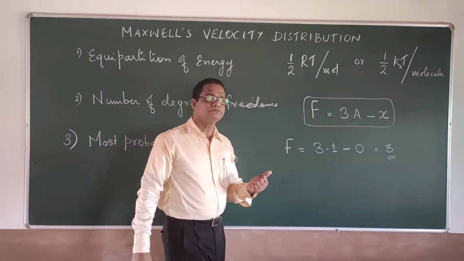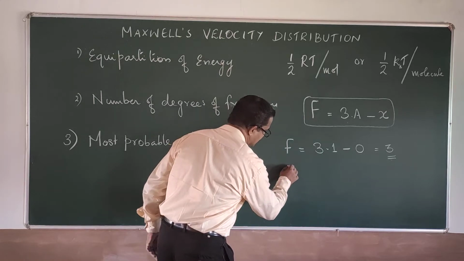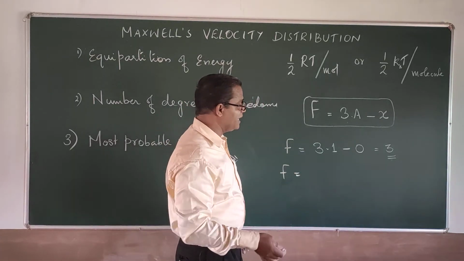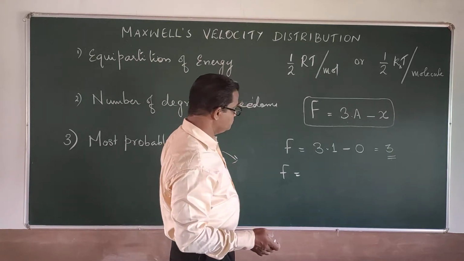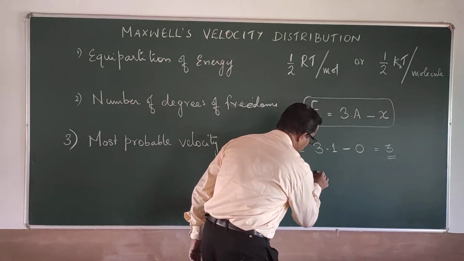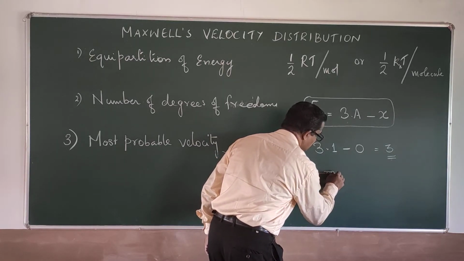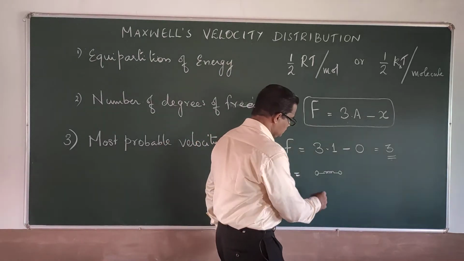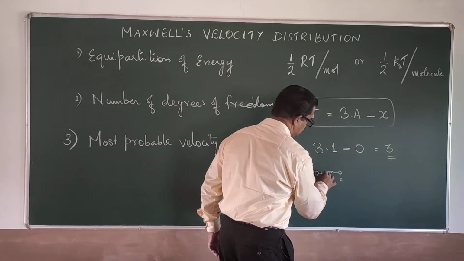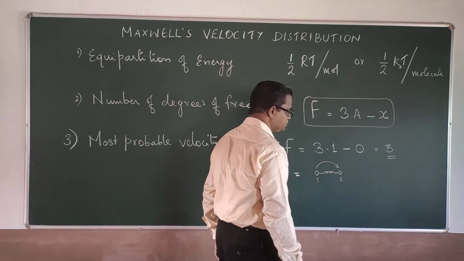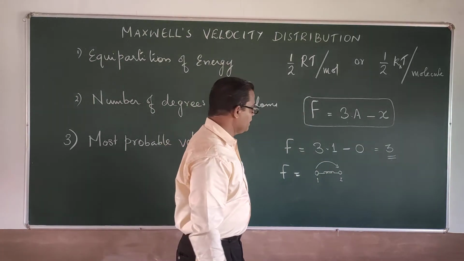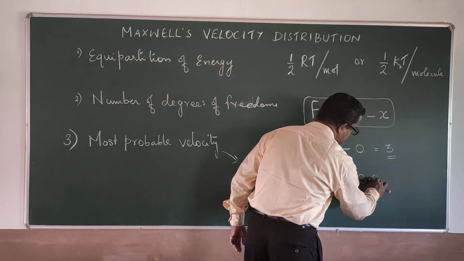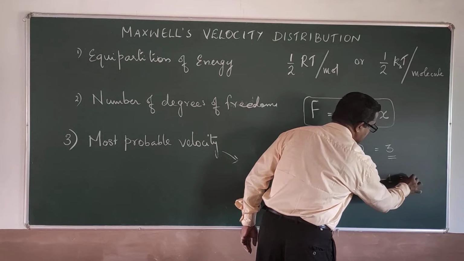And for a diatomic gas, the physical form of it will be of this shape. Here you can have atoms 1 and 2, so one relationship you can consider. Therefore, number of degrees of freedom will be equal to 3 into 2 minus 1, that's equal to 5.